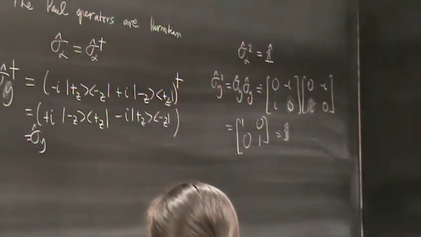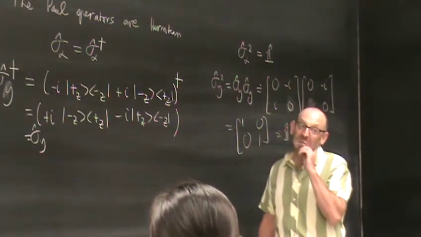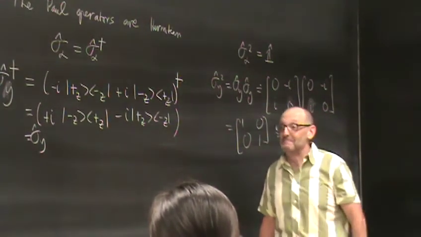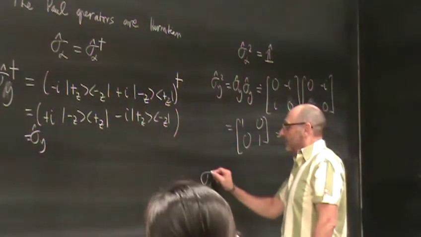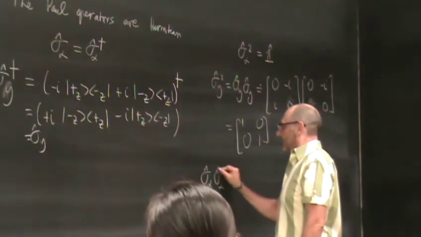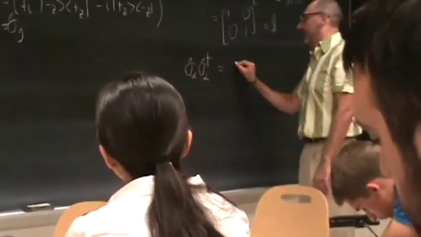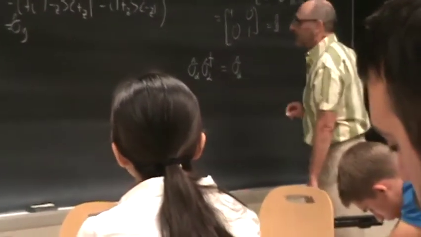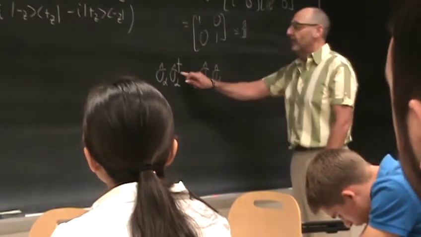So an interesting factoid here is that not only are Pauli matrices, or Pauli operators, Hermitian, they're also unitary, right? Because if I look at one of these times its adjoint, that is the same thing as it times itself because it's self-adjoint.